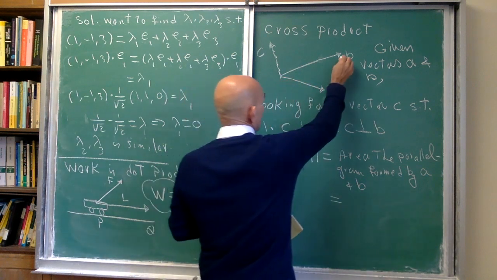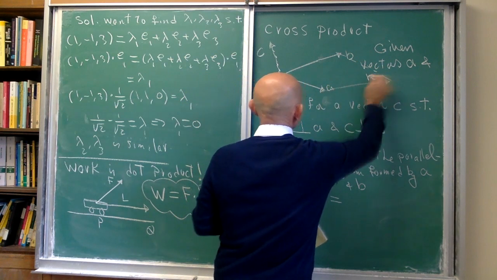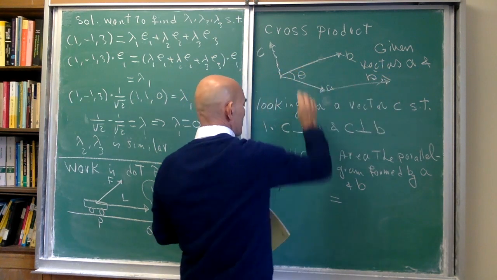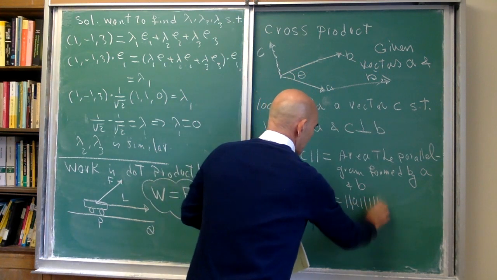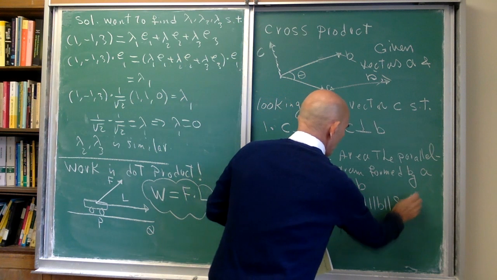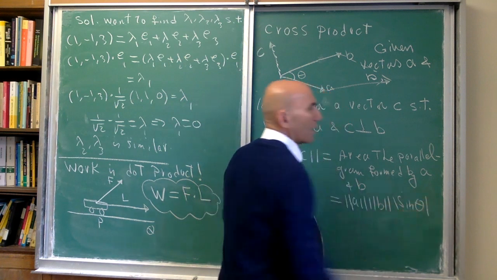Well, from elementary geometry, we know that, or you can even try to prove it yourself. If this angle is theta, this is equal to length of A, length of B, times absolute value of sine of theta, right?